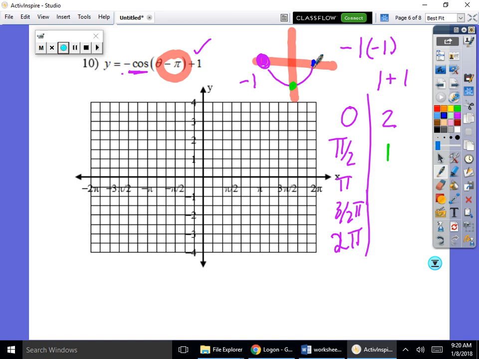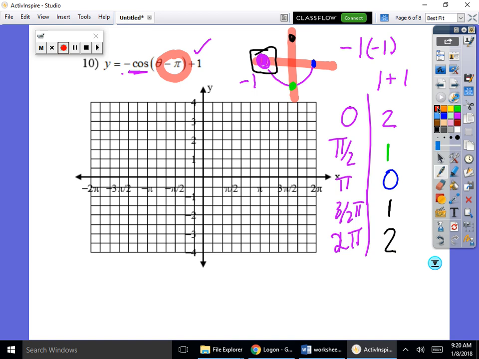What's my cosine? 1 times -1. -1 plus 1. 0. Cool? Now I'm going to move to this axis. What's my cosine? 0 times -1 plus 1. 1. And now I'm back to my start. -1 times -1. 1. It's the same as this, so it's 2.